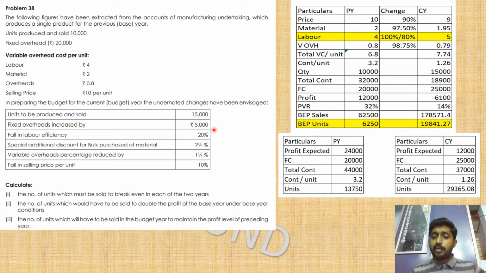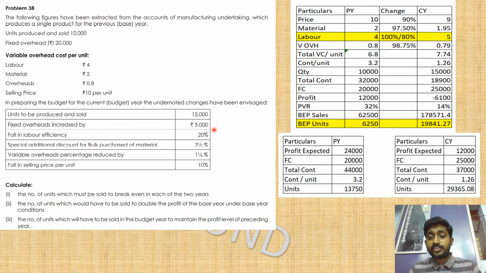For example, a fall in the material cost makes the total material cost go down, but a fall in labor efficiency makes labor cost go up. So remember, labor efficiency is inversely proportional to labor cost, while material cost is directly proportional to total material cost. However, if labor efficiency falls, it will increase the labor cost.